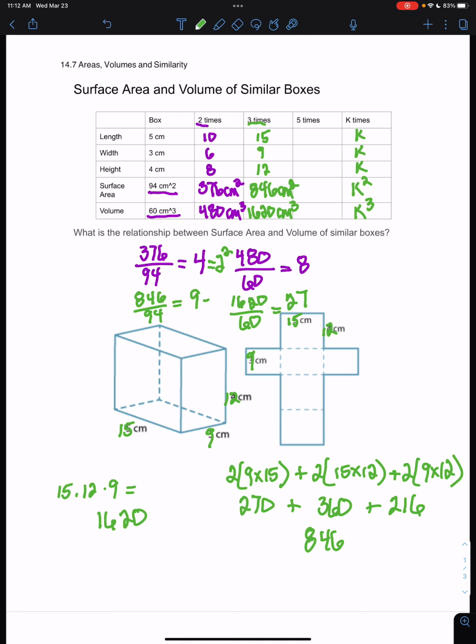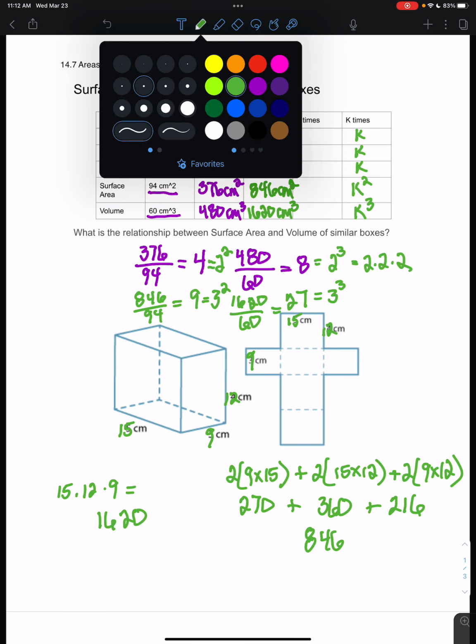For volume, instead of multiplying times our scale factor, we're going to multiply times our scale factor cubed. So notice here, 8 is 2 cubed. 2 times 2 times 2 is 8. So we're cubing our scale factor. And that's true for a scale factor of 3: 9 is 3 squared, and 27 is 3 cubed.